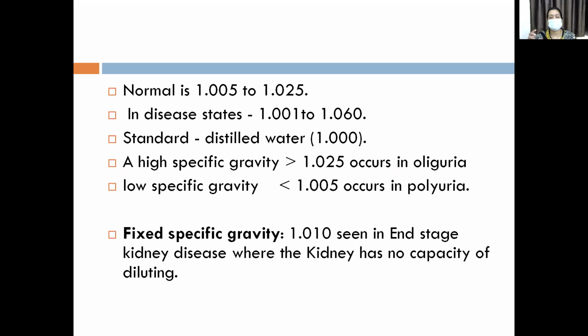Low specific gravity occurs in polyuria because there is more water and the amount of solute is the same. Fixed specific gravity of 1.010 is seen in end stage kidney disease, where the kidney has no capacity for dilution, as seen in chronic kidney disease.